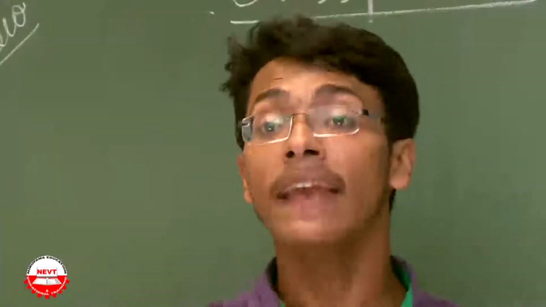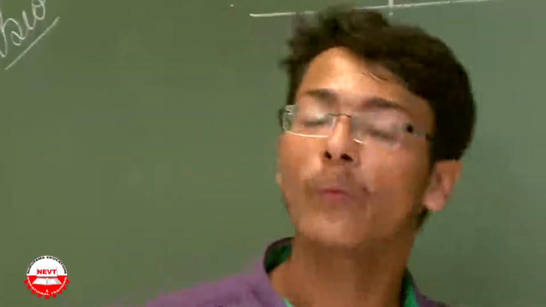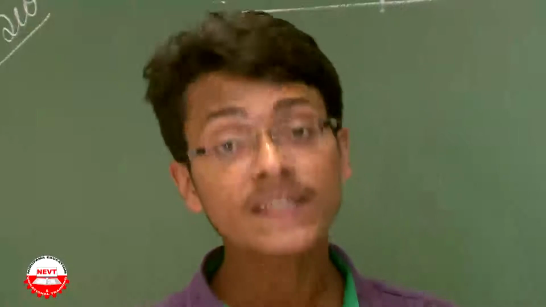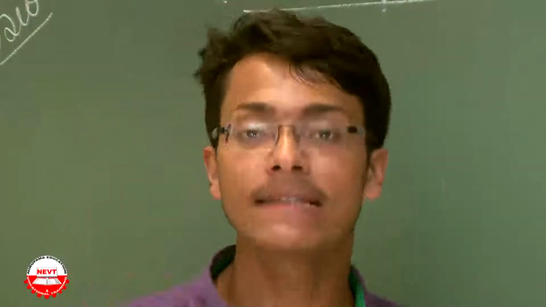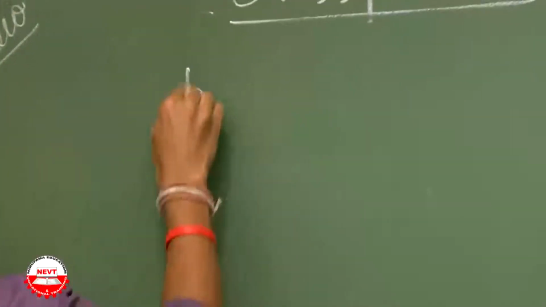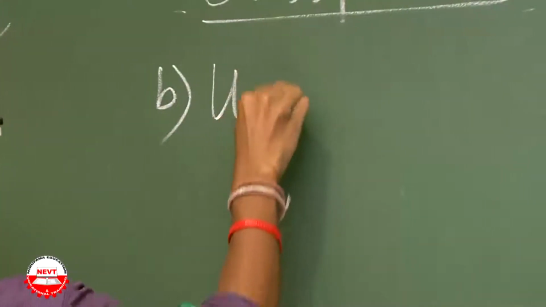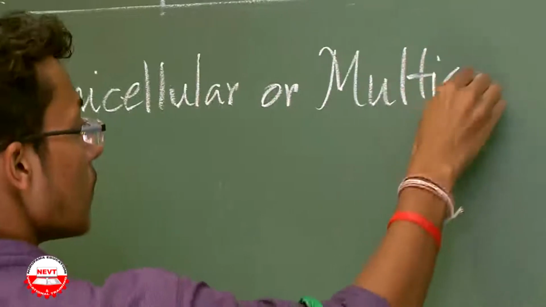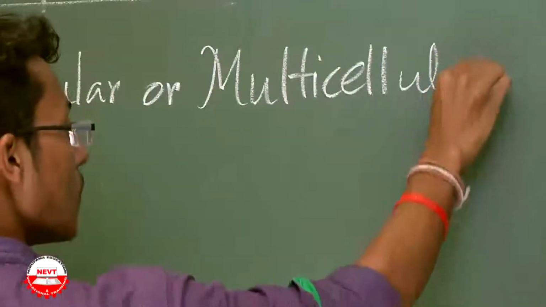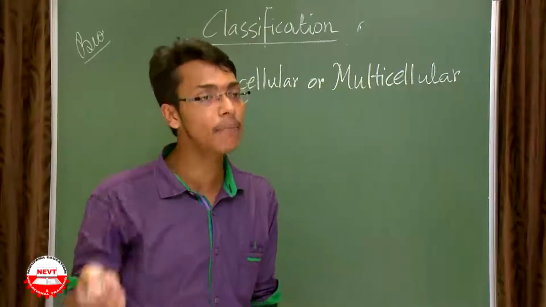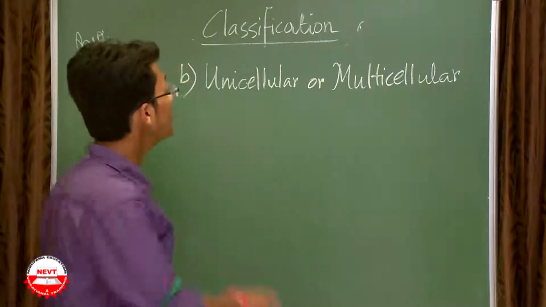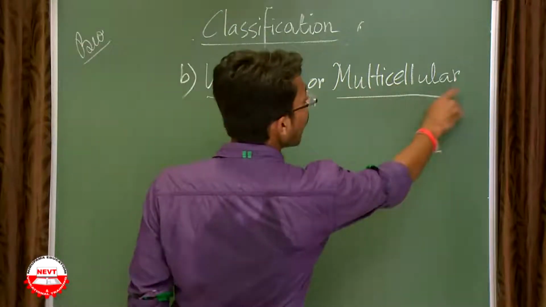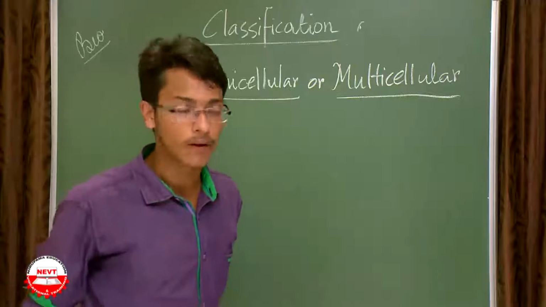We are coming to the next basis of classification, whether there is a group of cells or whether there is a single cell. This is the second basis for classification, whether it is unicellular or it is multicellular.